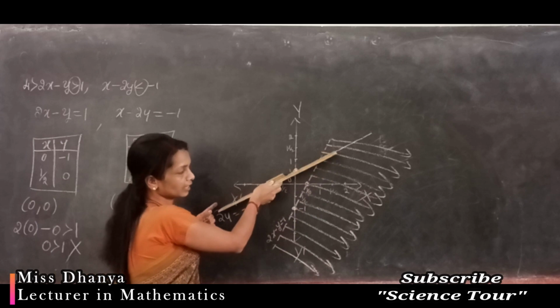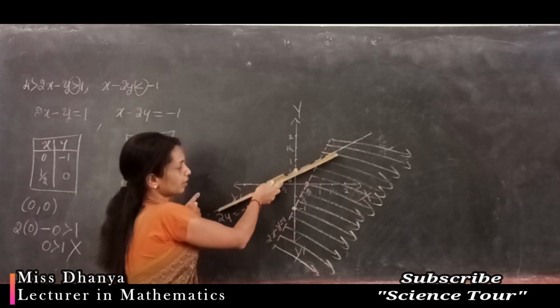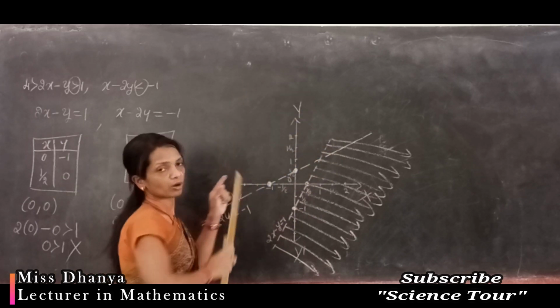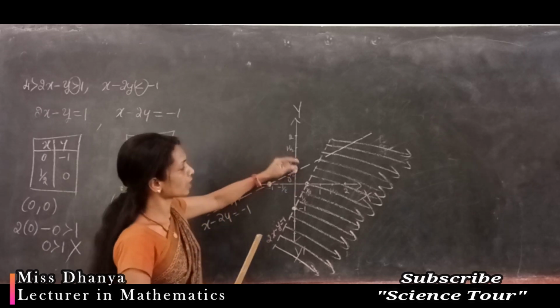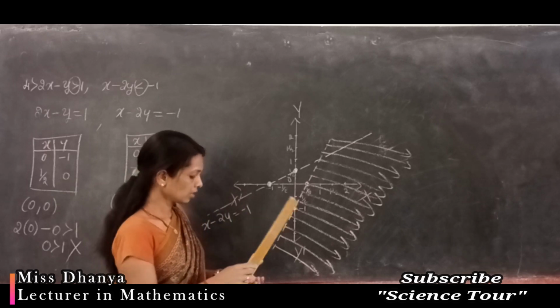Now see this green colored line. Above that line you do not have the checking point, so you have to shade the upper half plane. Why? Because the upper half plane is not containing the checking point.